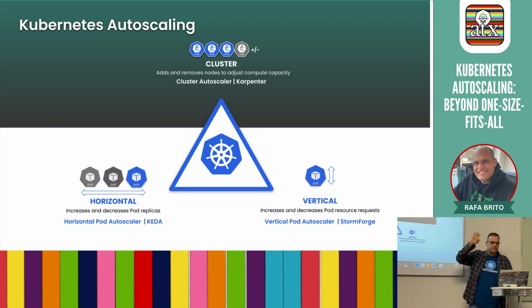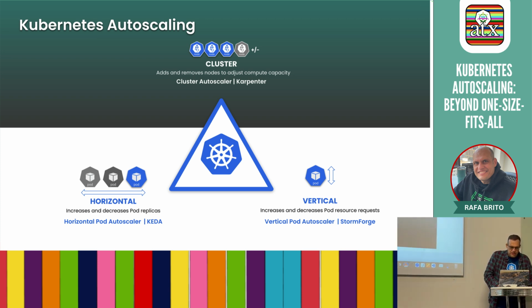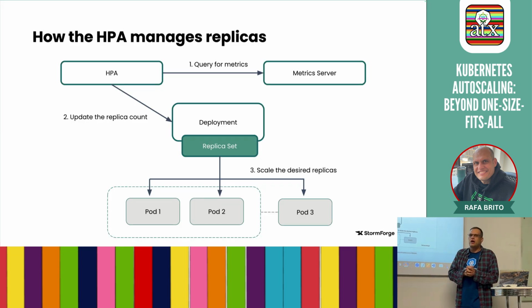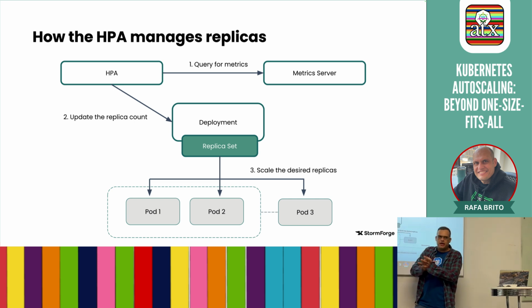So the 3 dimensions. Let's first talk about horizontal pod scaling because arguably it's the most common. It's built into Kubernetes. You don't have much to do to have HPA other than installing the metric server. We'll have a quick parenthesis about metric server, but basically with HPA, you create an object called HPA.